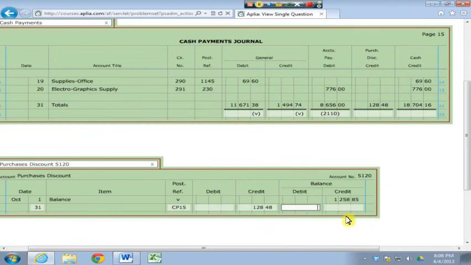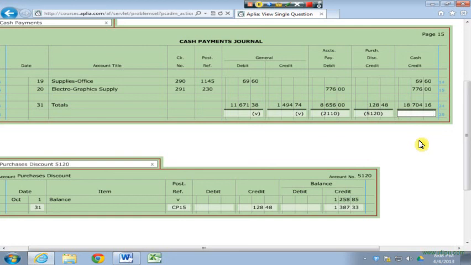We already had a credit balance, so we're going to add the two together. And when we add those two together, we should get $1,387.33. To show we're finished with this transaction, we'll put the post reference number.